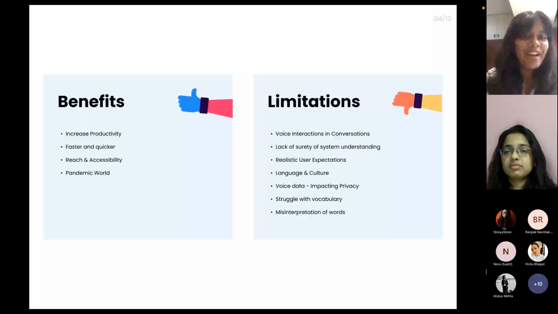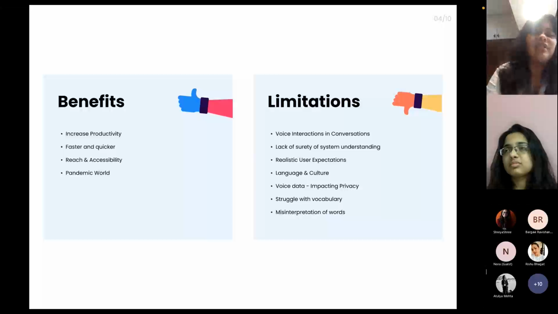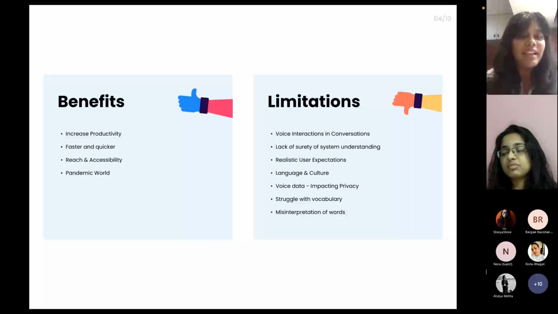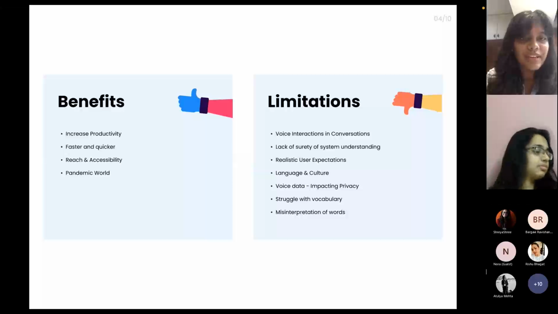So today, voice interactions really provide us with a particular advantage where we can use our voice instead of touching or holding our devices and interacting with them. For example, in public forums or in transport, we really don't have to touch anything if we have voice interaction available.